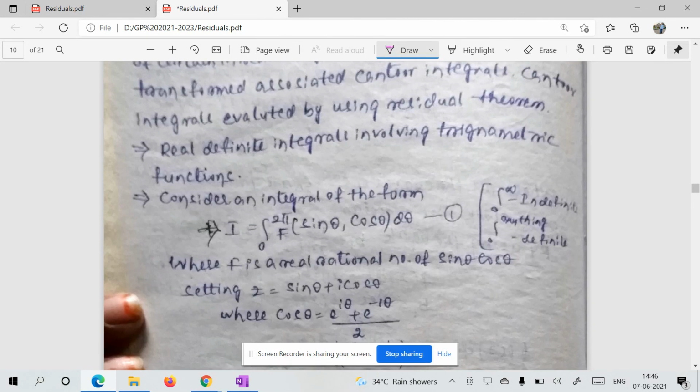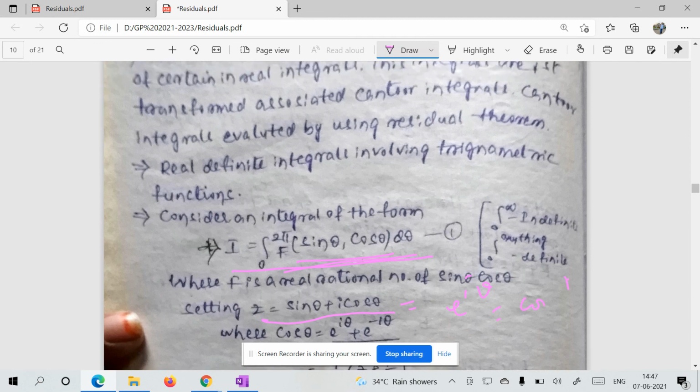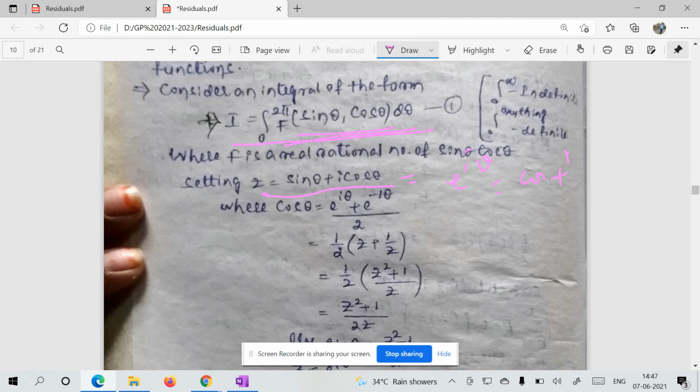Real integrals means whenever the integral is given in the form of 0 to 2 pi f of (sin theta, cos theta) d theta, a function in sin theta and cos theta combination, see here, z equals cos theta plus i sin theta, which is e^(i theta).